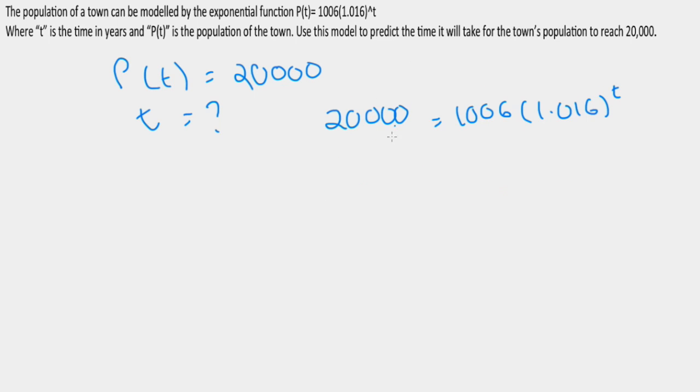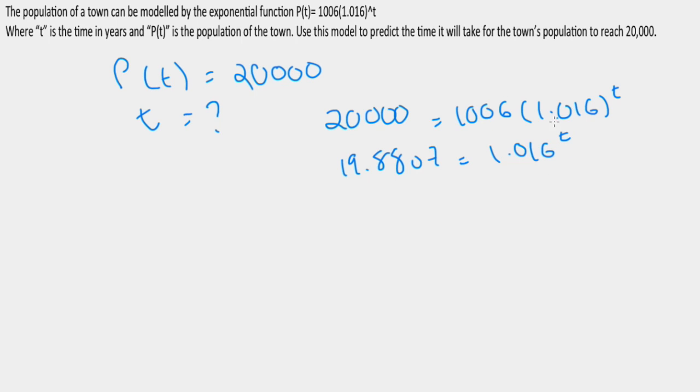Alright, now basic algebra tells me that I can simply divide 1006 from both sides. So over here we'll just get 1, and over here we're going to approximately get 19.8807 is equal to 1.016^t. Now, what do I do here?